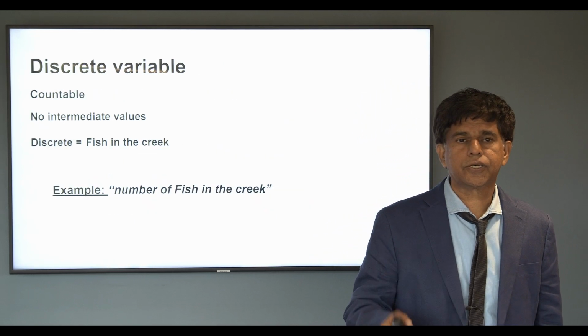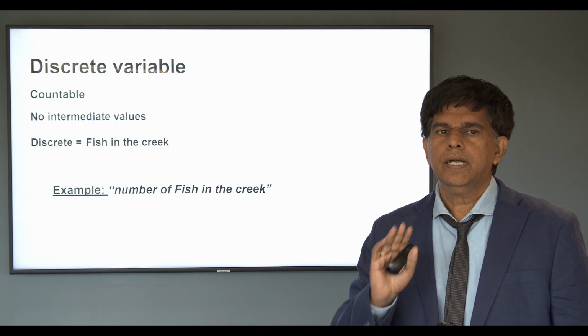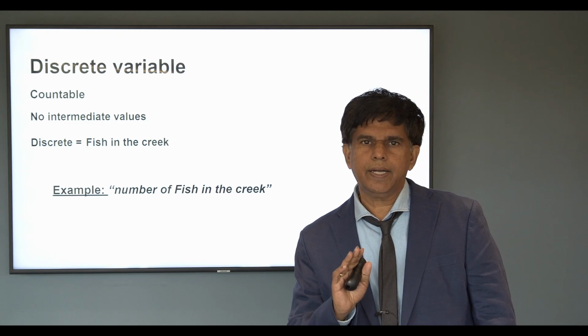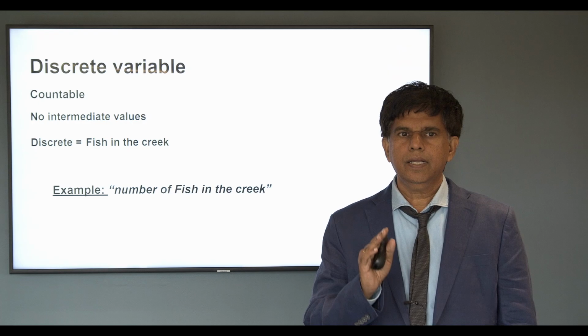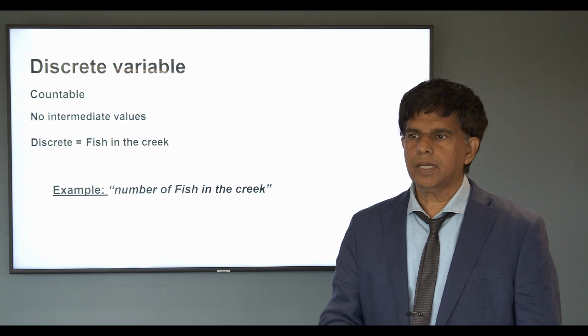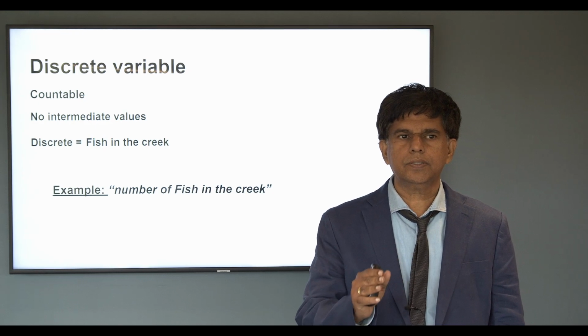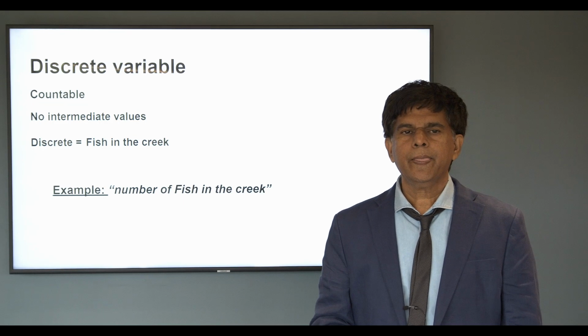When you talk about a discrete variable, it's countable, no intermediate values. I use this mnemonic: discrete equals fish in the creek. Example, you count the number of fishes in the creek, or you go to a parking lot, you see a lot of cars and you count the number. I had 300 cars, and that is a discrete variable.